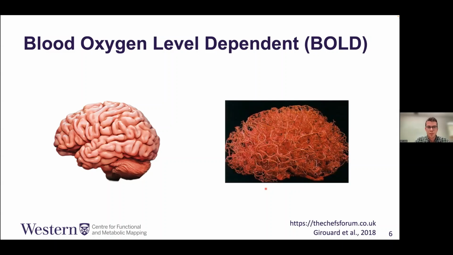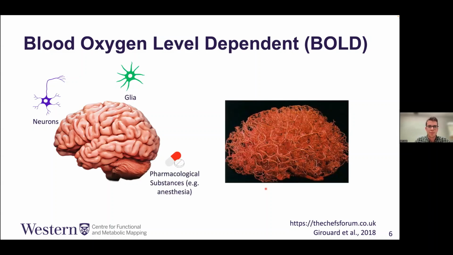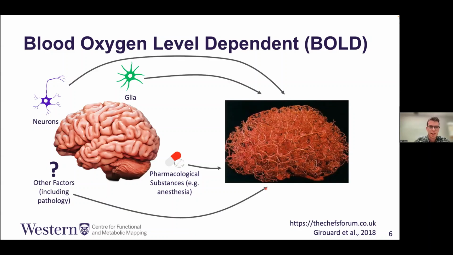And so even though we know that neurons have an effect on this vasculature, glia do as well, and same with pharmacological substances and other factors, including and especially pathology. These all affect the blood in their own way. And so it makes it very difficult to interpret the BOLD signal, and that's the main motivation behind this work.